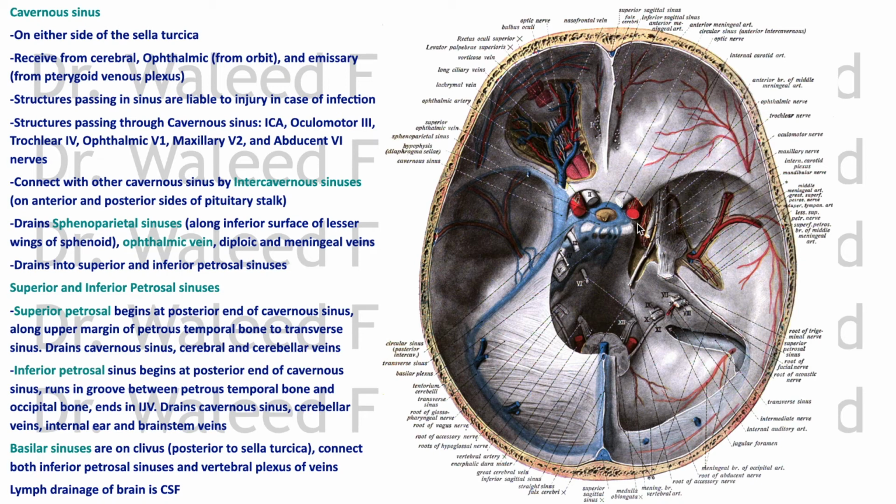Just lateral to the artery is the abducens nerve on the floor of the cavernous sinus. And from the roof downwards on the lateral wall, you have the oculomotor, then trochlear, then the ophthalmic and maxillary divisions of the trigeminal nerve, I mean. Of course, not the mandibular division because it has a different story.